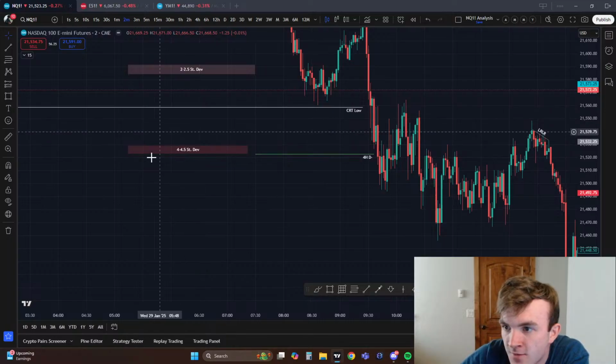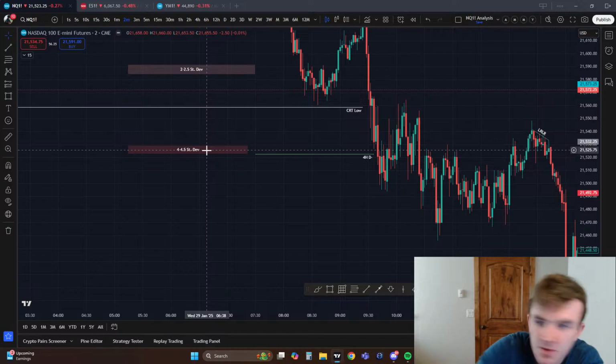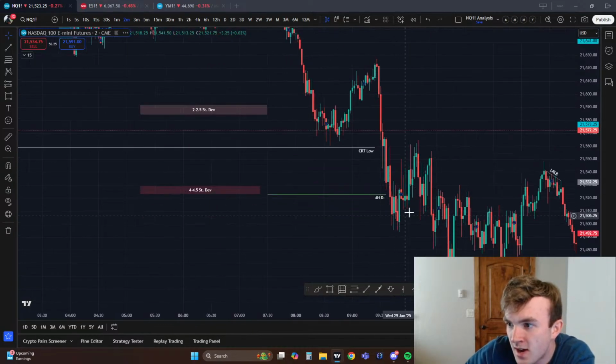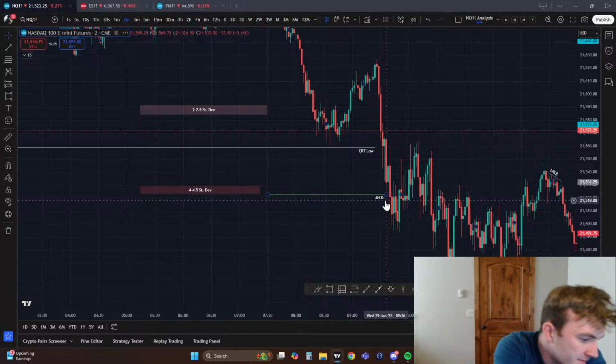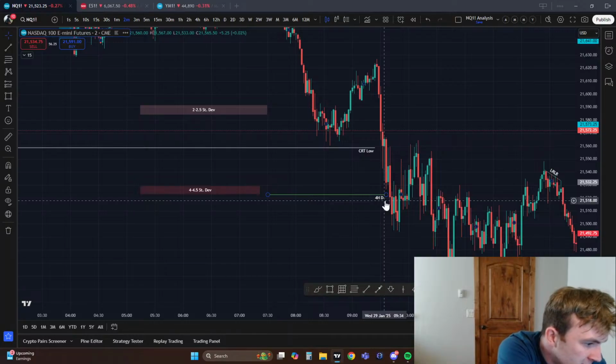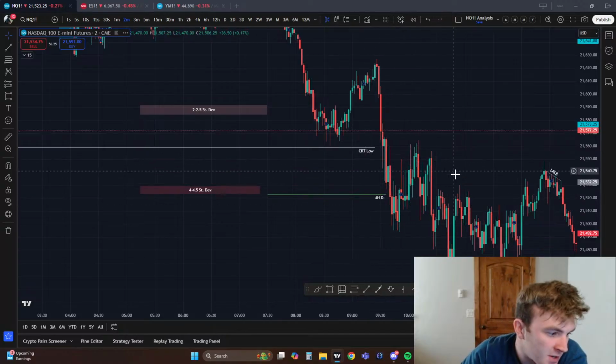Yeah, in the future, once we hit a 4 to 4.5 standard deviation like this, I'm not taking anything. Because when the market hits that 4 to 4.5 max extension, that's just gonna start consolidation.